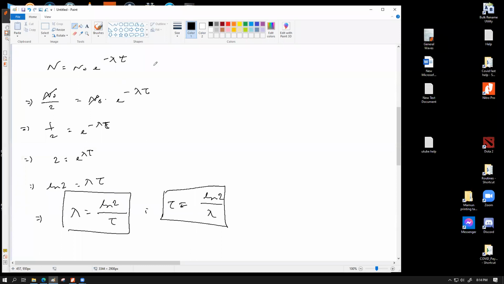For example, let's say the half-life of a certain specimen is 12,000 years. Then the decay constant equals ln 2 divided by 12,000 years. Now you have to convert 12,000 years into seconds. How do you do that? Pretty simple: 12,000 into 365 into 24 into 60 into 60.